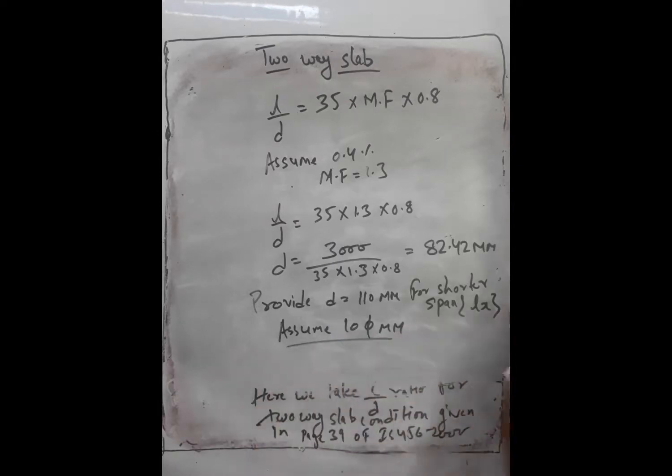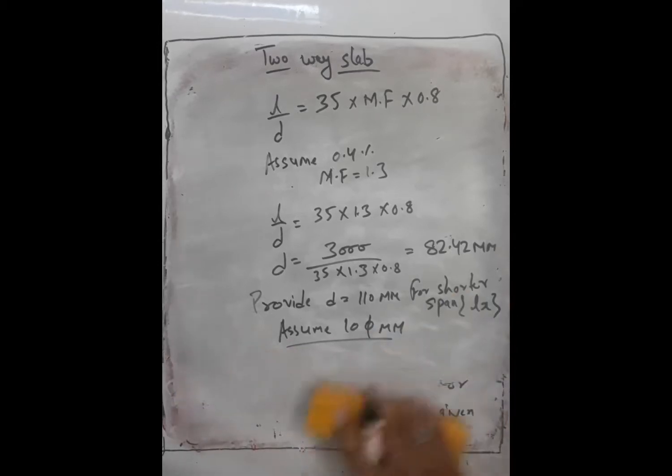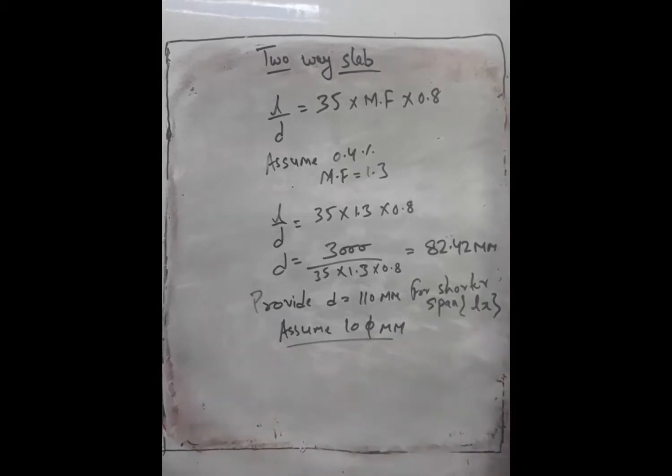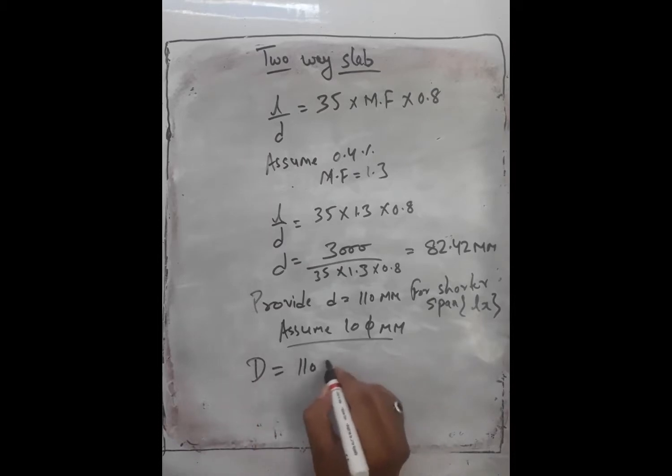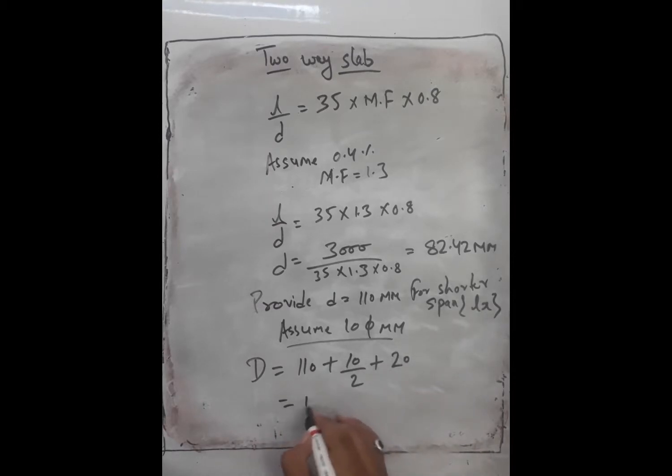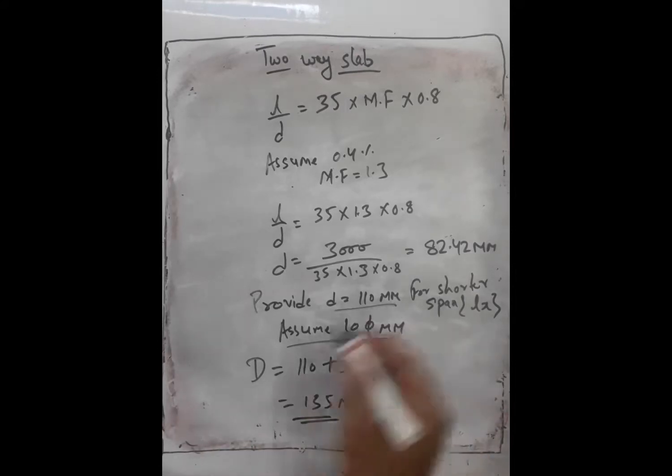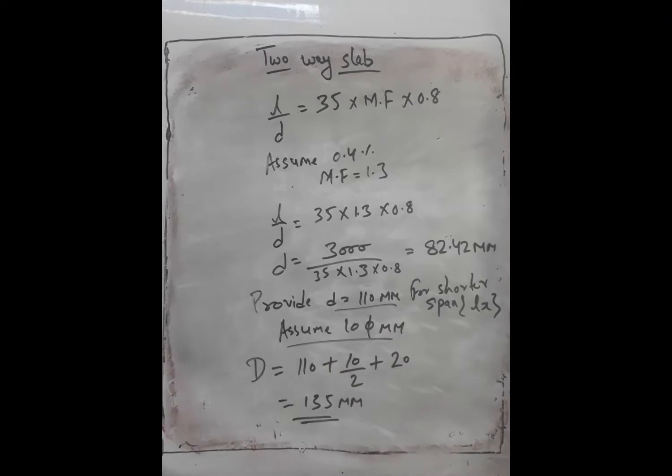After assuming 10 mm bars, we have to find the overall depth. For that we add 110 plus 10 by 2 plus 20 as clear cover. So here we get 135 mm. So the effective depth is 110 mm and the overall depth is 135 mm.